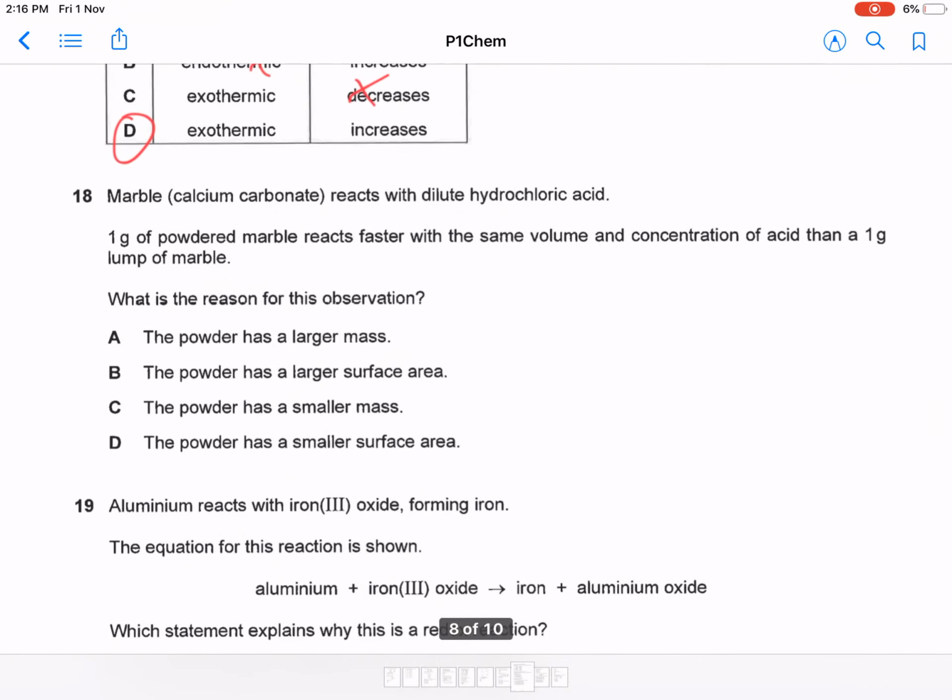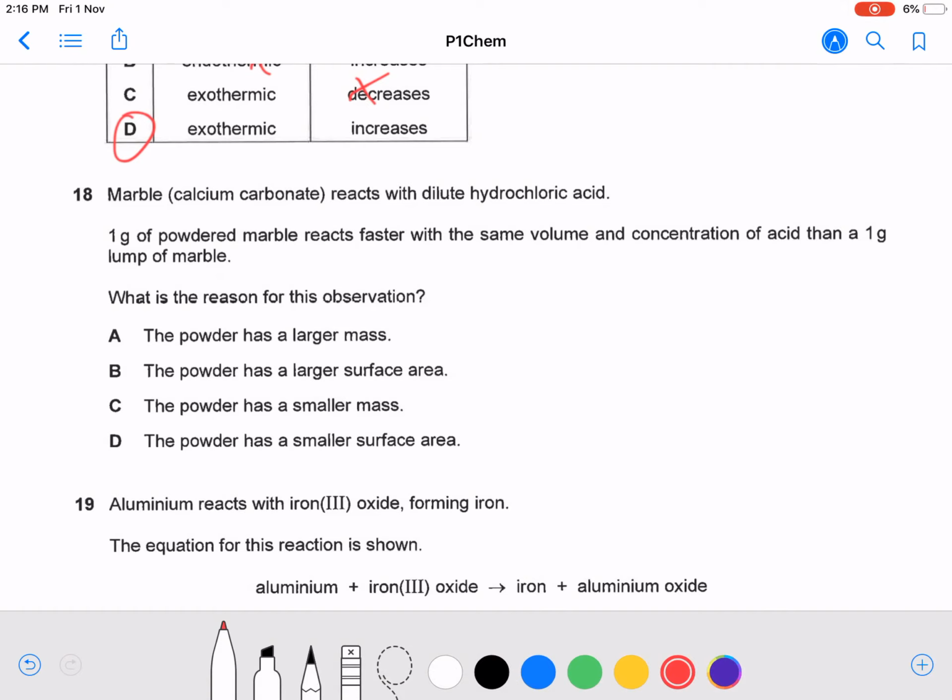18. Marble reacts with dilute hydrochloric acid. 1 gram of powdered, so this is often confused: small particles equals a large surface area.